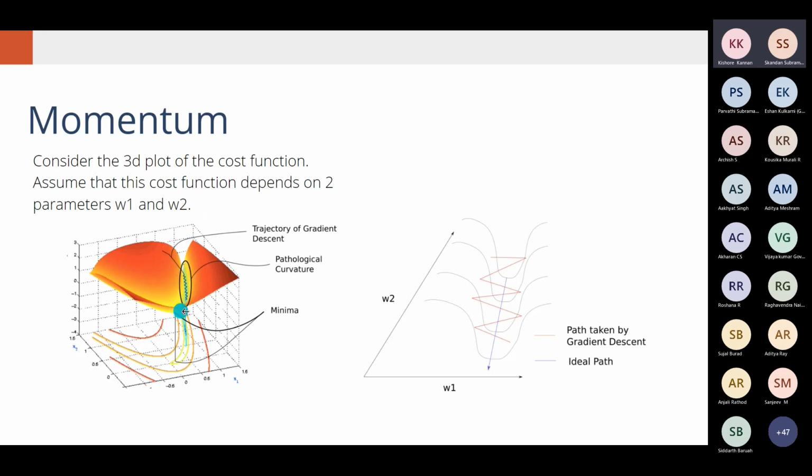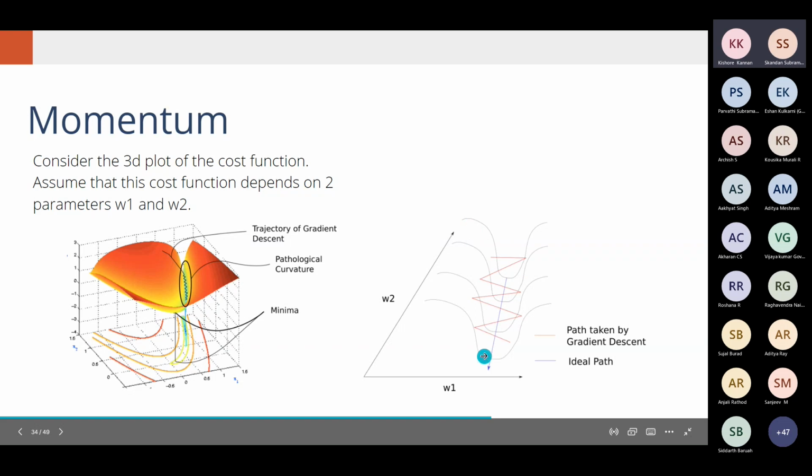And focus on this part of the graph. This part looks like a hill, and this one looks like a valley. If I magnify the image here, you'll see something like this. This is one hill, this is another hill, and in between you have a valley.